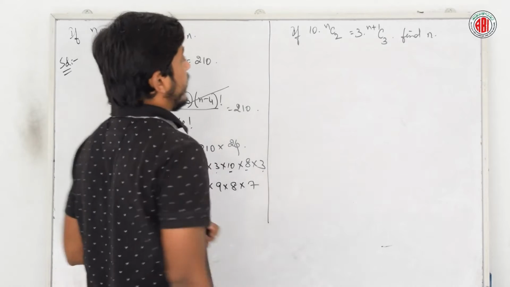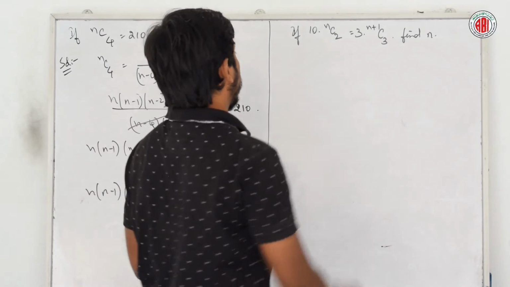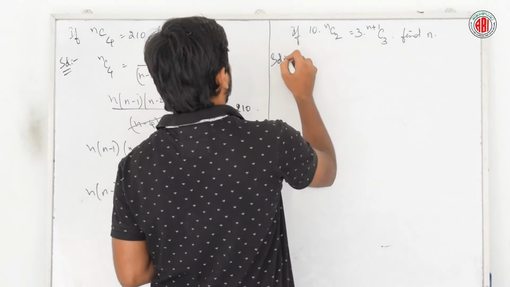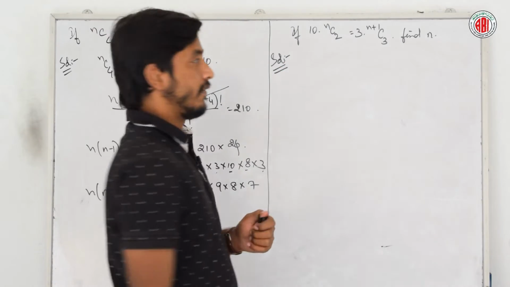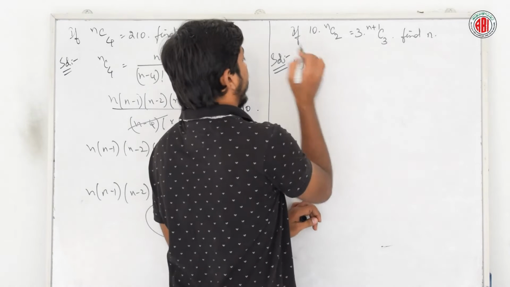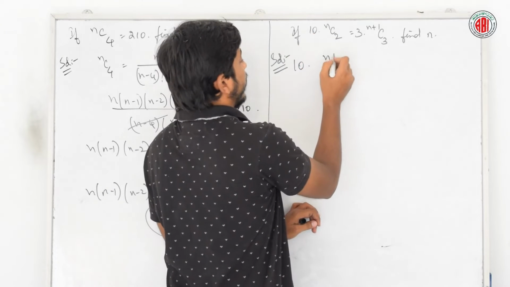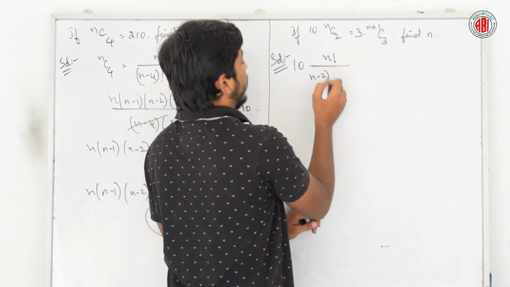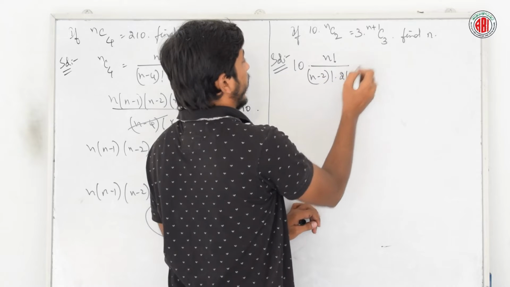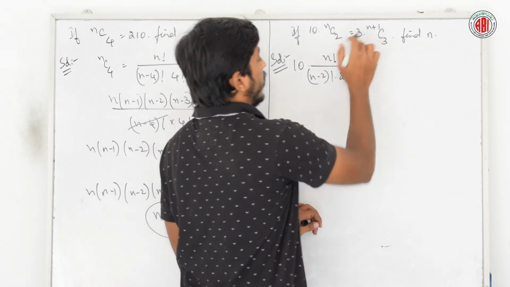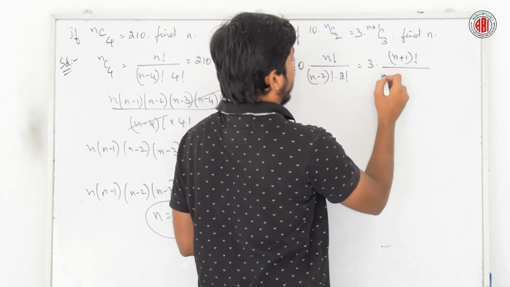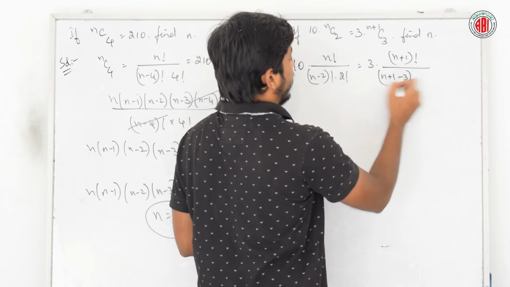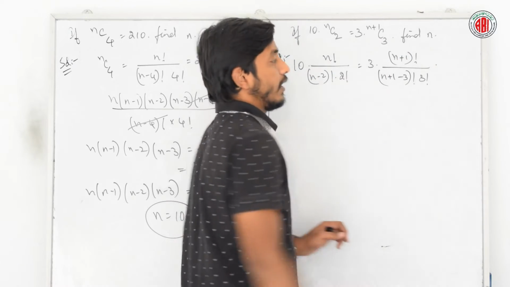Look at the next question here. 10 into nC2 is equal to 3 into (n plus 1)C3. He is asking us to find the value of n. Okay, shall we substitute? See here. 10 into the nCr formula, n factorial by (n minus 2) factorial into 2 factorial. 3 into here also (n plus 1) factorial divided by (n plus 1 minus 3) factorial into 3 factorial.